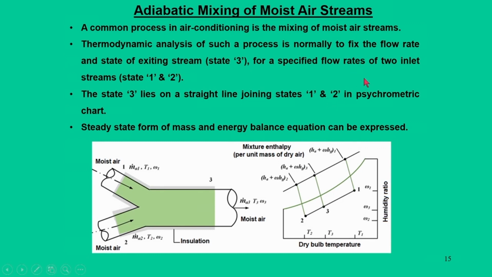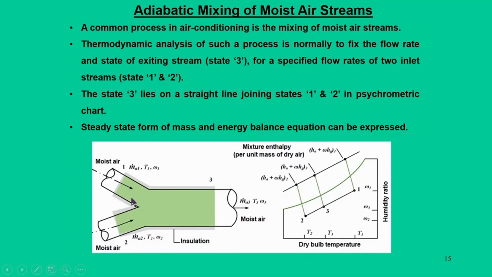In most cooling or air conditioning applications, normally there are only two moist air streams that come from two different inlets, and they may be at different states, MA1 T1 omega 1, and MA2 T2 omega 2. When they come and mix, finally after mixing they go out as a single entity at conditions MA3 T3 and omega 3.